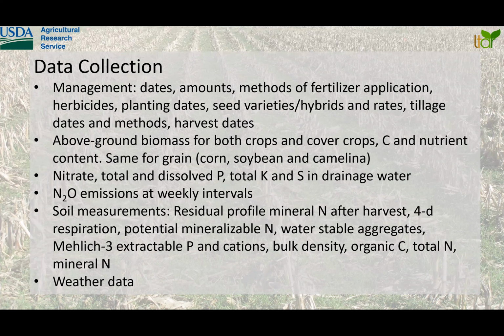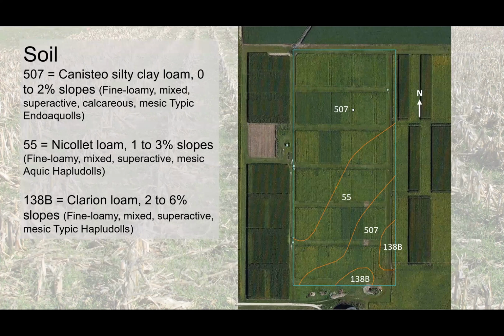We're looking at nitrous oxide (N2O) emissions at weekly intervals. We also do several soil measurements here that I won't talk about today, but a lot of these are for soil health purposes. So we're interested in soil health in these plots, and we've been sampling for quite some time to collect those numbers. And then, of course, weather data. So we collect all the weather data of what's going on out there over time.